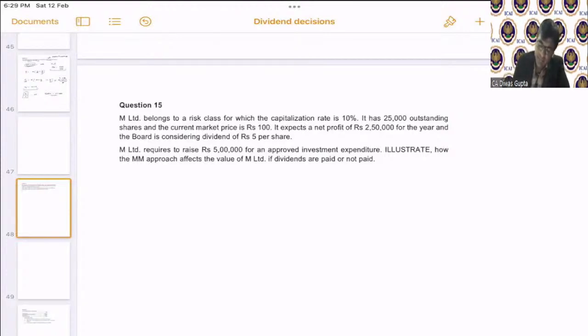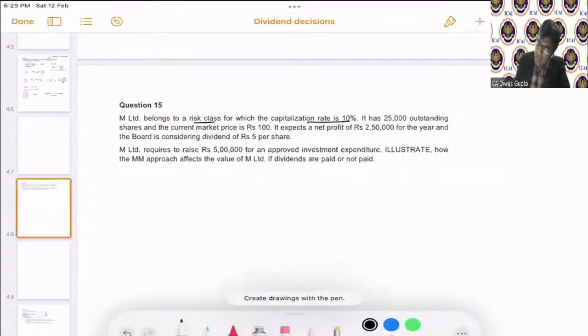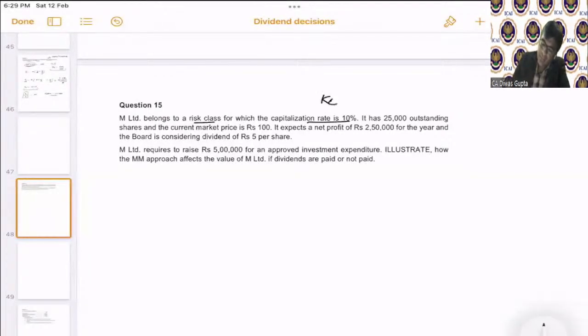So let's start this. M Limited belongs to a risk class for which the capitalization rate is 10%. That means KE is 10%. It has an outstanding 25,000 shares and the current market price is rupees 100. Okay, this is also given, the current market price is 100 and the number of shares are also given.